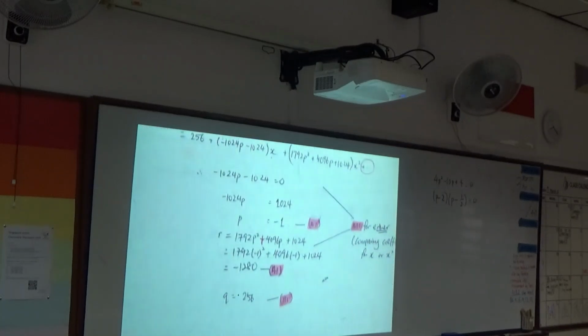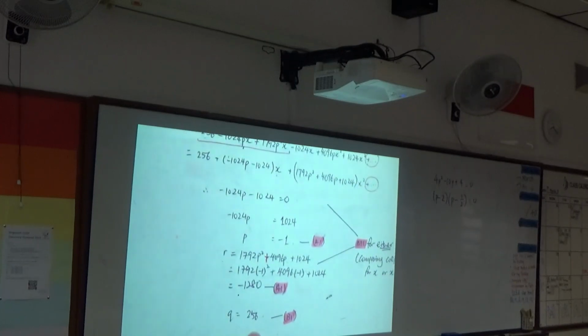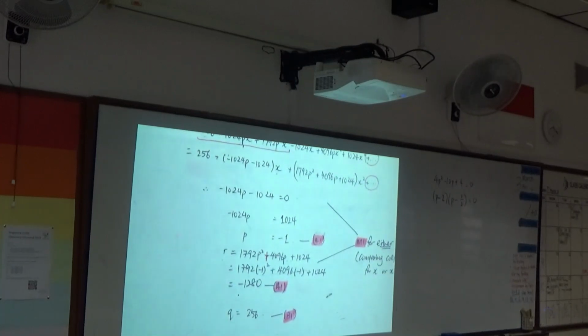I'm moving up. So q equals to 256. So you need the method mark in order to get answer mark.